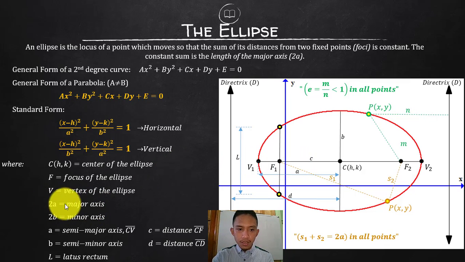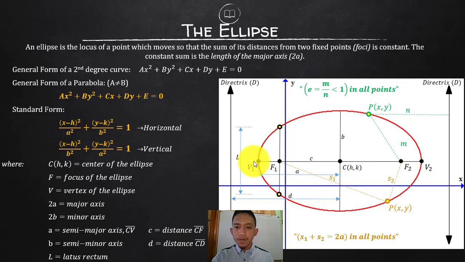Later on we will discuss your equation. The major axis in your ellipse is from vertex 1 to vertex 2, just like two parabolas facing each other, so the vertices are on opposite sides. The distance between the two vertices is what we call the major axis, which is equivalent to 2A.